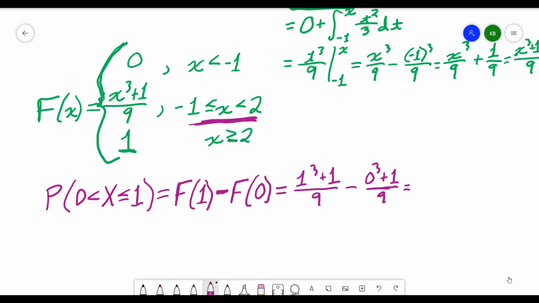I'll get 1 cubed plus 1 is 2 over 9 minus 0 cubed plus 1 is 1 over 9. And 2/9 minus 1/9 is 1/9, which agrees with our answer that we got when we used our probability density function. So we can actually use the cumulative distribution function or the probability density function to find the probability that a continuous random variable falls in some interval of possible values.